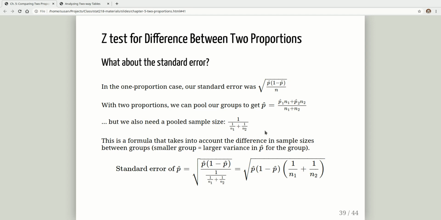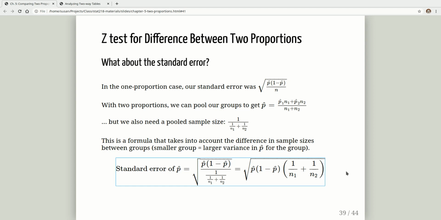All right. So if we plug this into this one proportion formula, we get p hat times 1 minus p hat divided by this pooled sample size, which works out to be p hat times 1 minus p hat times 1 over n1 plus 1 over n2.